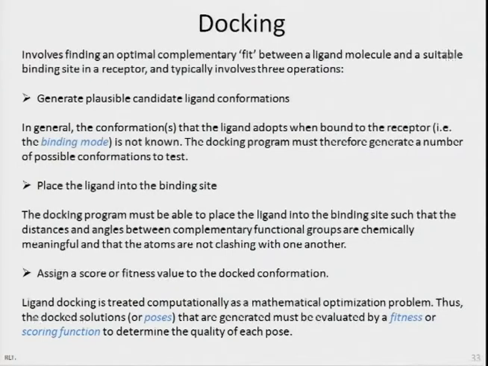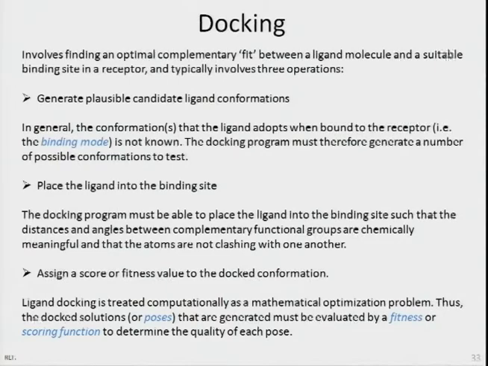So it has to assign a score or fitness value to the docked conformation. In ligand docking, it's treated computationally as a mathematical optimization problem. Thus, the docked solutions or poses that are generated must be evaluated by a fitness or scoring function to determine the quality of each pose.